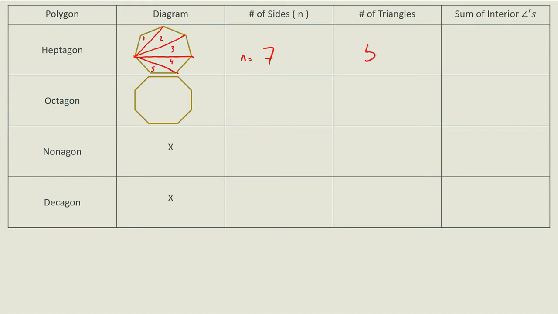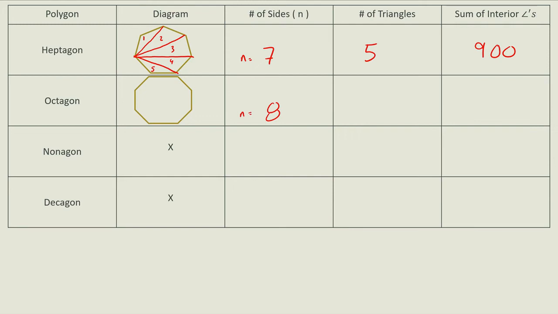So I have 5 triangles, which tells me I'm going to add 180 degrees 5 times, which takes me to 900 degrees. Again, we should start seeing a pattern here. If you see it, great. See if you can come up with a general formula for the sum of the interior angles. But let's keep going just in case you don't see the pattern.